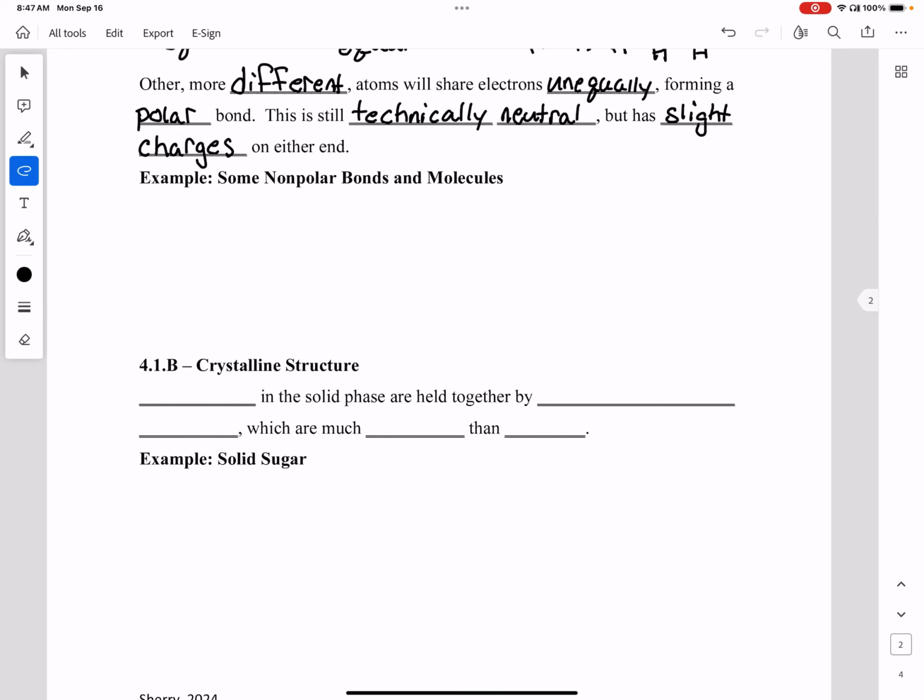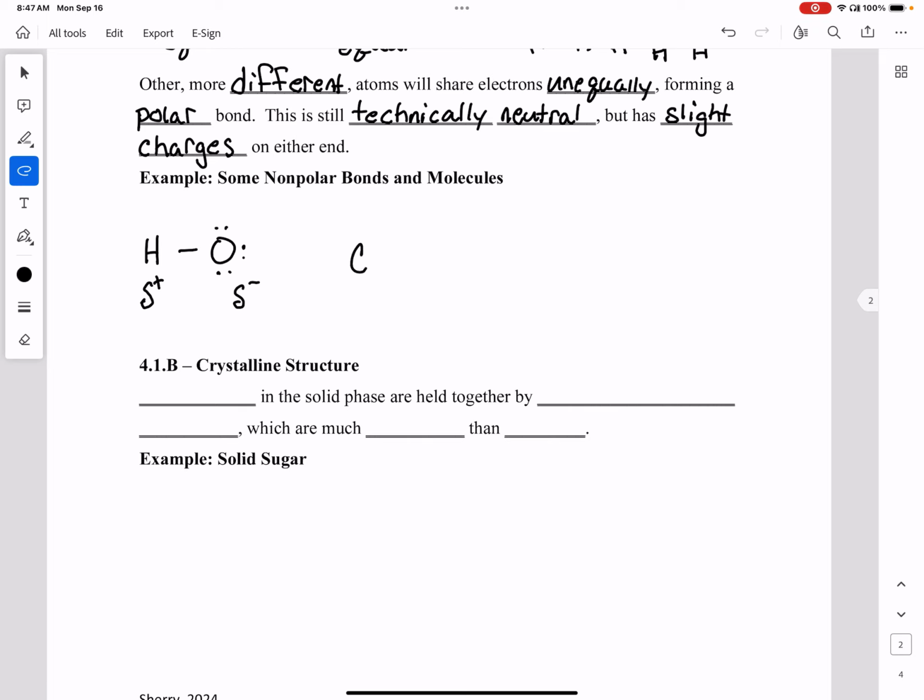Okay, so let's look at some examples. So that is a polar bond. And so this side is slightly negative, and this side is slightly positive. Okay? It's kind of like an ion, but it's not, because they're only slight charges.